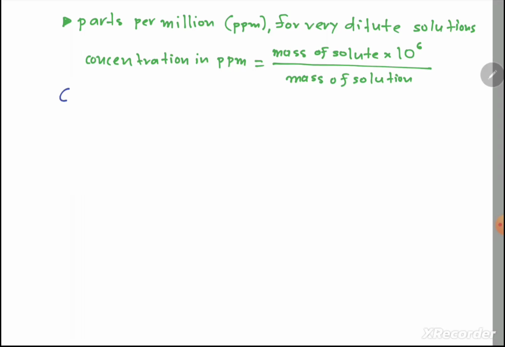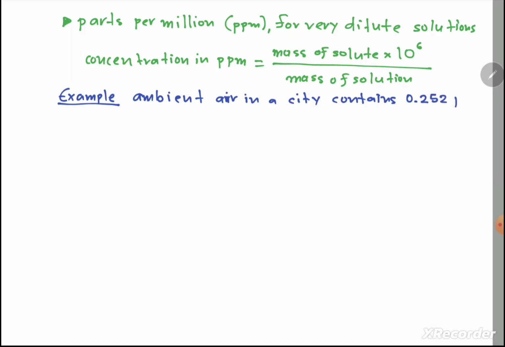Example. Ambient air in a city contains 0.252 ppm nitrogen oxide.